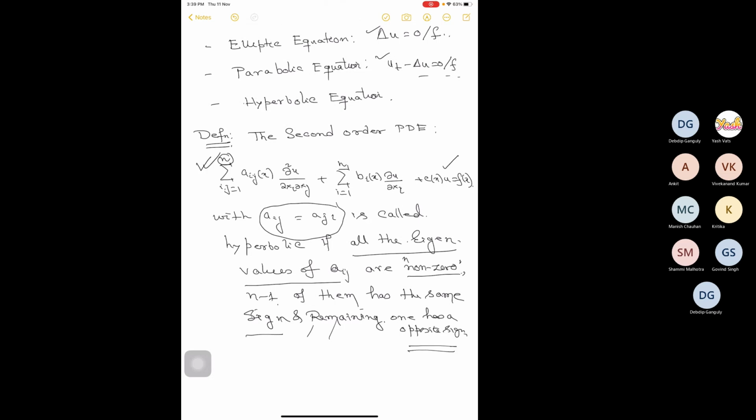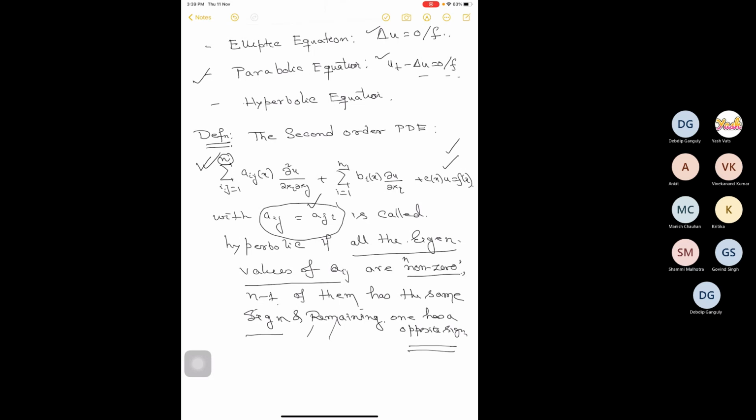And do you remember what happened for the parabolic equation? Yes, we call this type of second order equation parabolic if the matrix a_ij is symmetric and, anyone, at least one of the eigenvalues is 0, you remember, right?